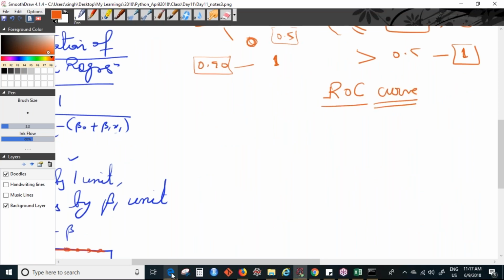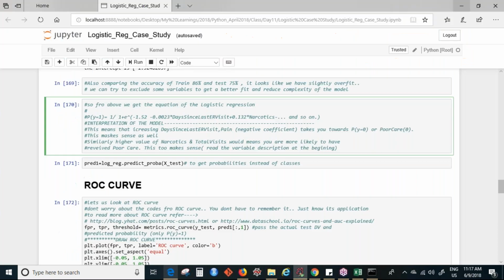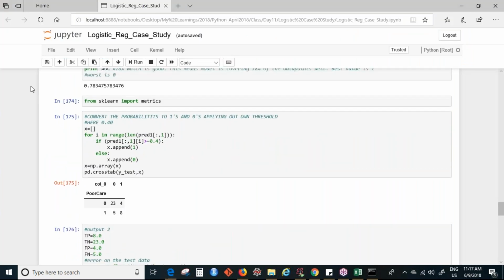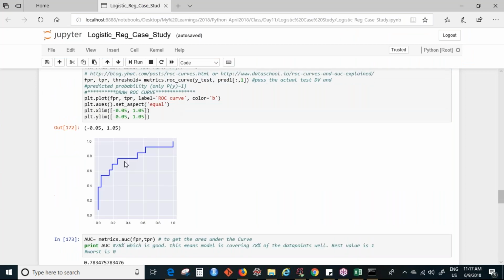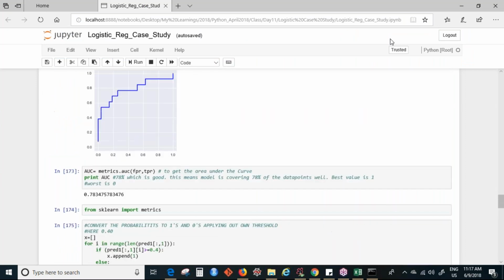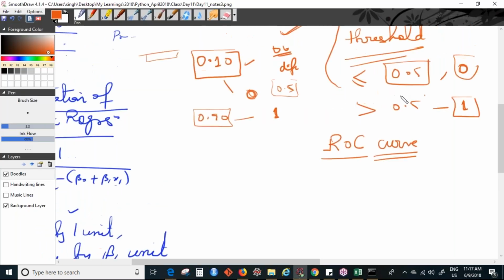That is what is shown here. This curve that you see here, that is the ROC curve, which is used to do that. But right now you just assume that we will take 0.5. We will take 0.5 and we will convert probability to ones and zeros. Why 0.5? Because it is in the middle.